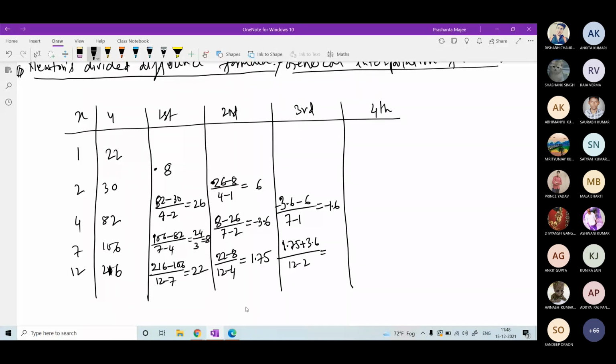So that will be coming as 0.535. And the last order divided difference for the given data will be 0.535 minus minus 1.6 by 12 minus 1. So that will be coming 0.194. So this is how the divided difference table is created.